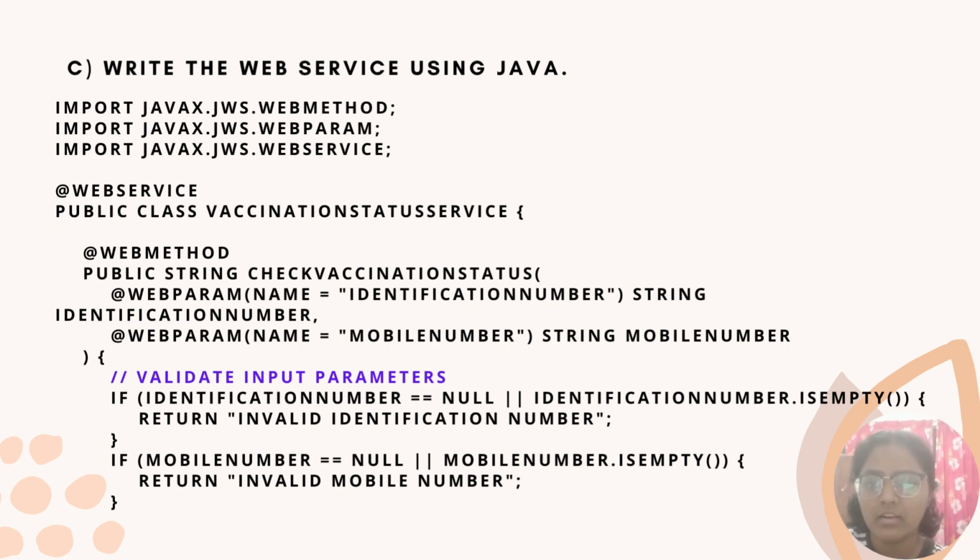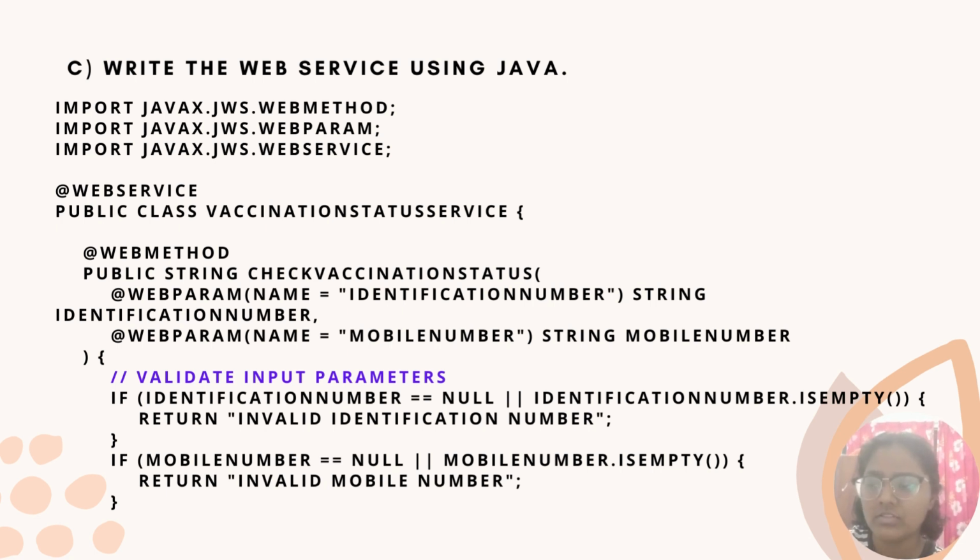Second, a public class called VaccinationStatusService is declared and annotated with WebService, followed by a WebMethod which contains the public String called checkVaccinationStatus. The method contains two parameters, which are identification number and mobile number, annotated with WebParam.